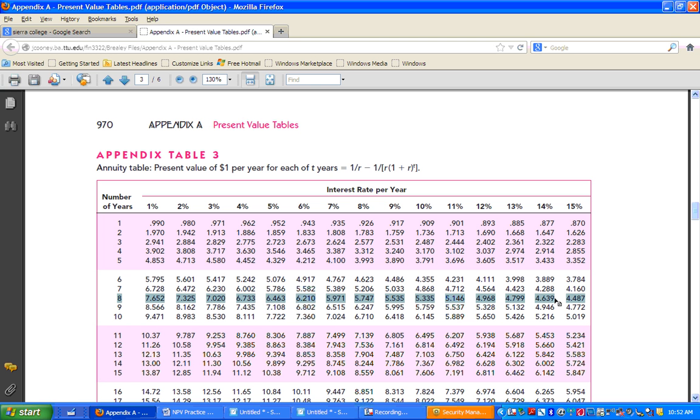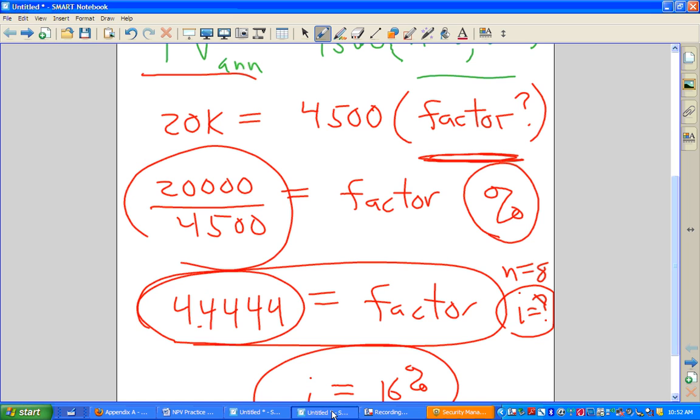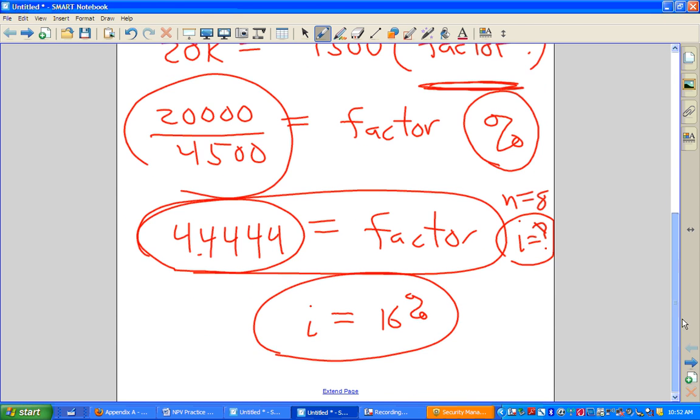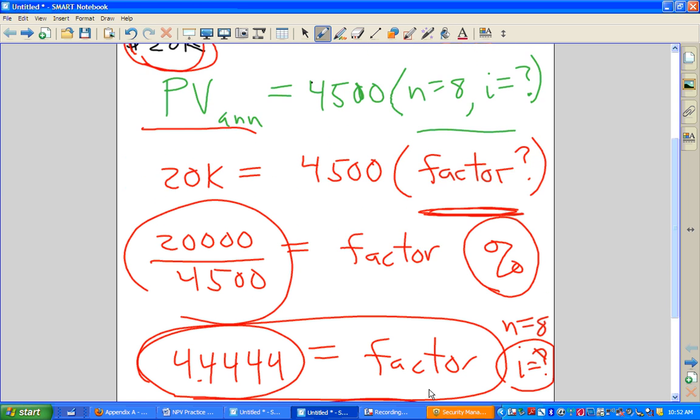When I found that 4.4444 was even beyond 15%, I could say with good confidence it's between 15 and 16%. And when you're looking at an investment, who cares? Do you really care if it's 15.7 or 15.55 or 15.92? All I know is that's pretty good. If I can make 16% or 15% plus, that's enough to make a good informed decision on.